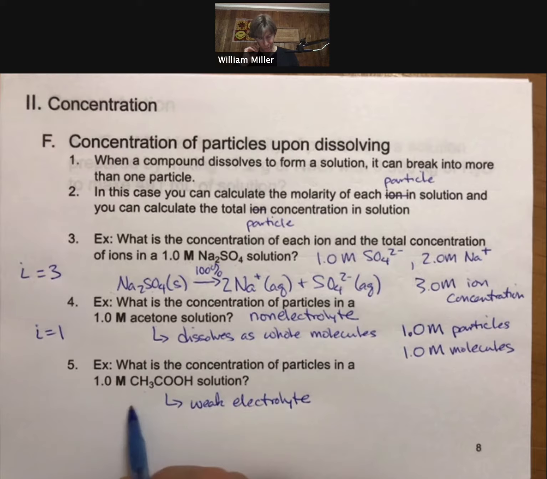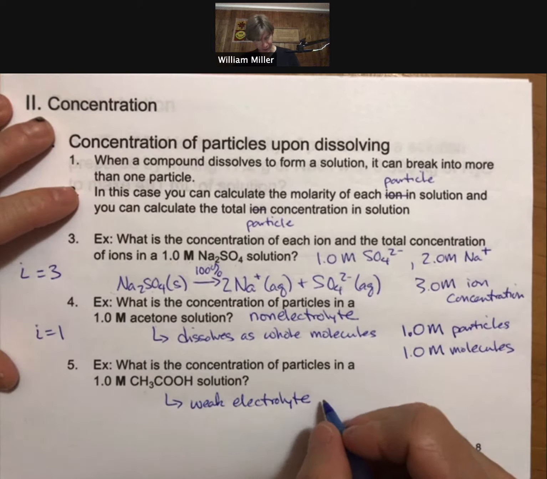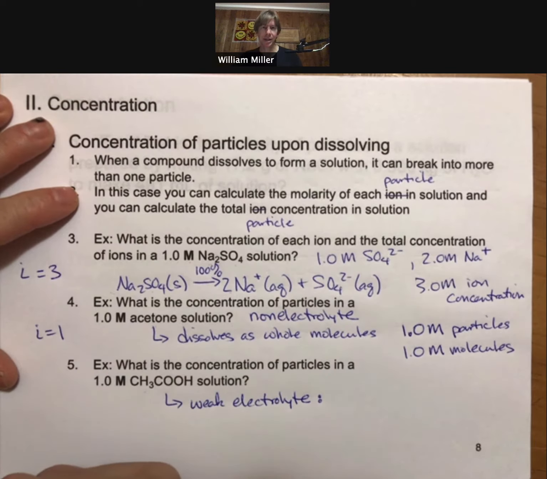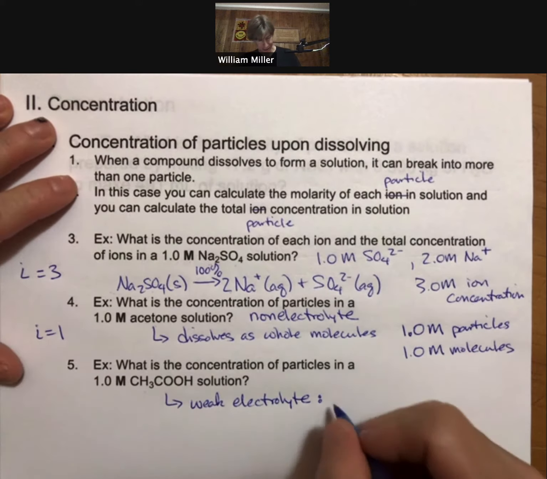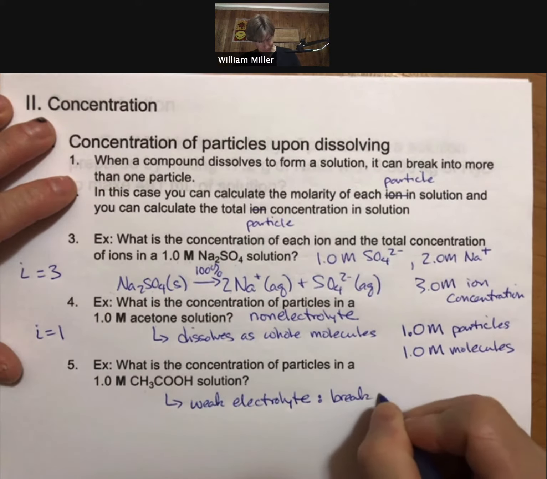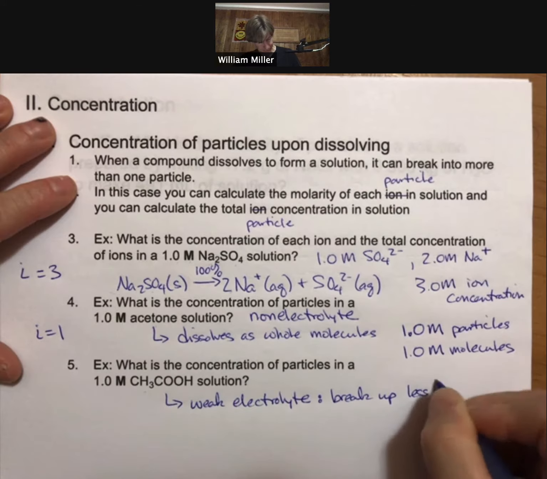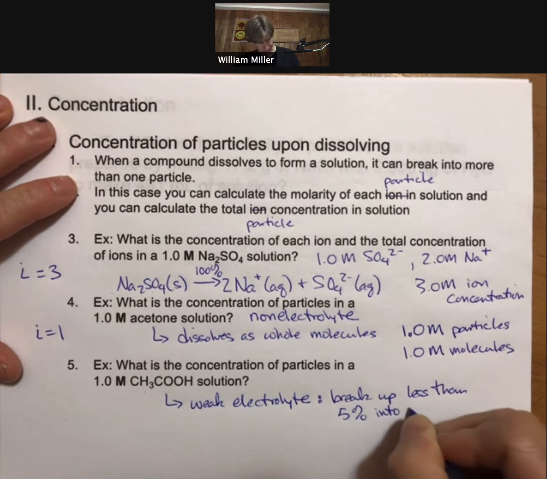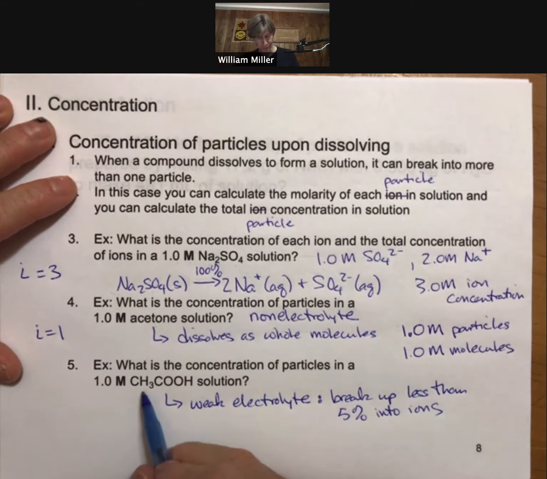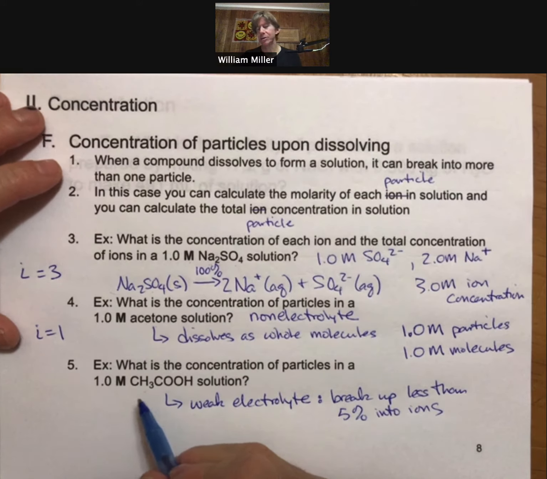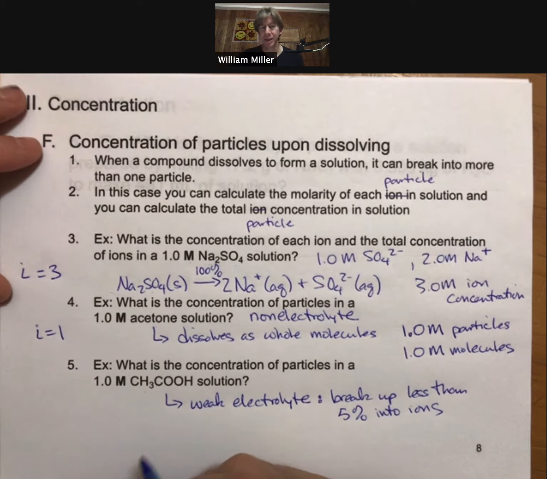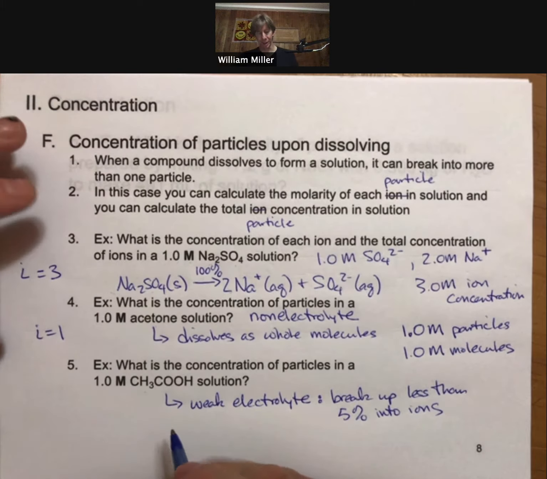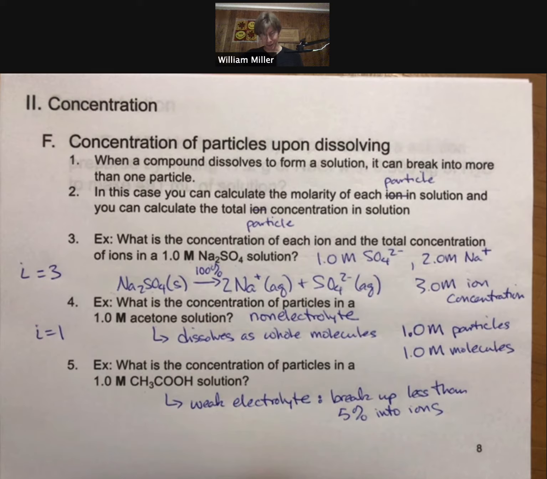For now, what we can know is that weak electrolytes break up less than 5% into ions. We don't usually do a Van't Hoff factor for weak electrolytes until we get to these later classes.